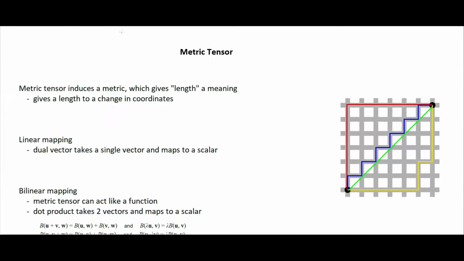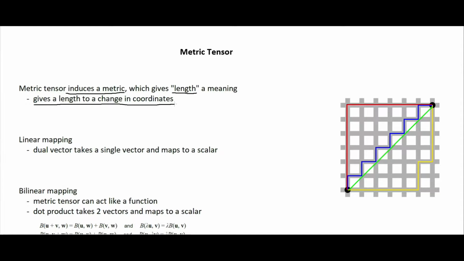In this video, I'm going to start talking about the metric tensor. The way to intuitively interpret the metric tensor is that it induces a metric onto your space, which gives length a meaning. So it gives a length to a change in coordinates.